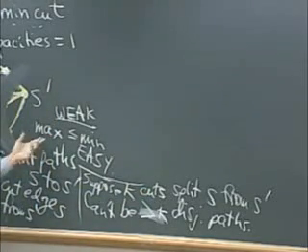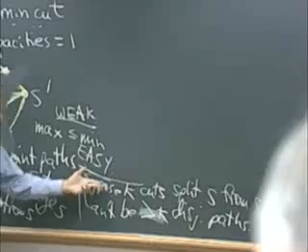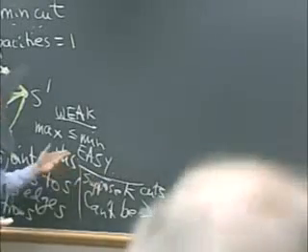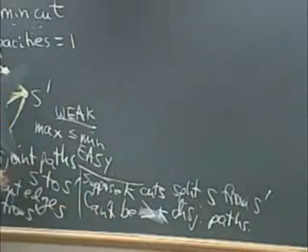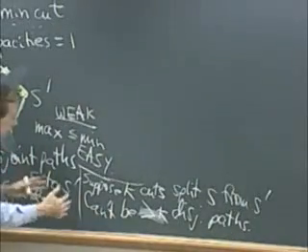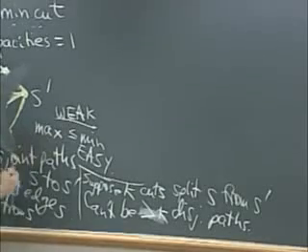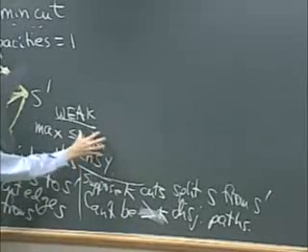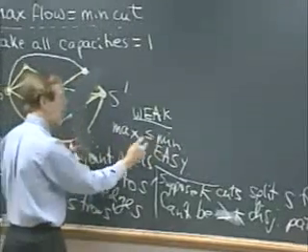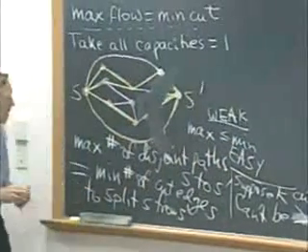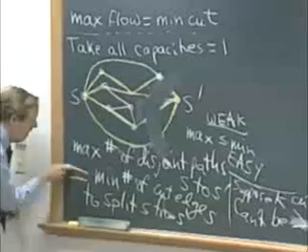So that says that any cut that's acceptable is at least as large as any count of disjoint paths. So we increase the count of disjoint paths up to its maximum, we decrease the number of cuts to do the best cutting we can, and we have less or equal. And the point is, we actually have equal.